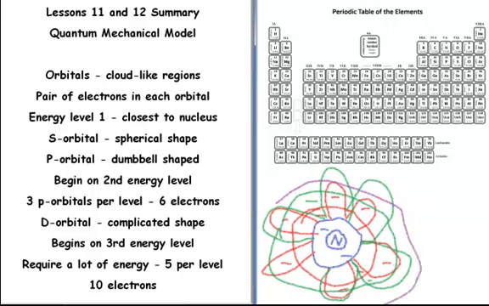So that 4th energy level s orbital is going to get the next 2 electrons. Then the next 10 electrons after that will go into the 3rd energy level d orbital, which we're not going to try to draw. And then after that, the next 6 will go back into the 4th energy level p orbital, and so on and so forth.